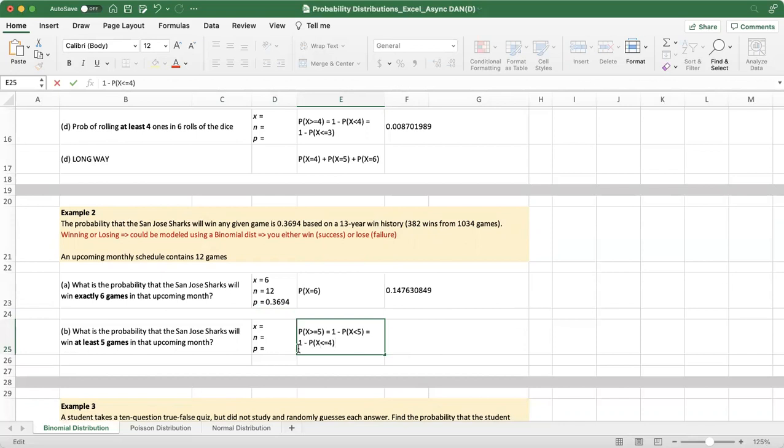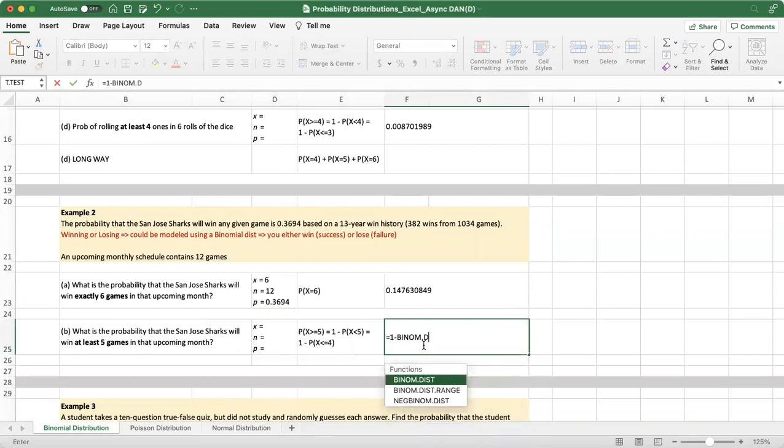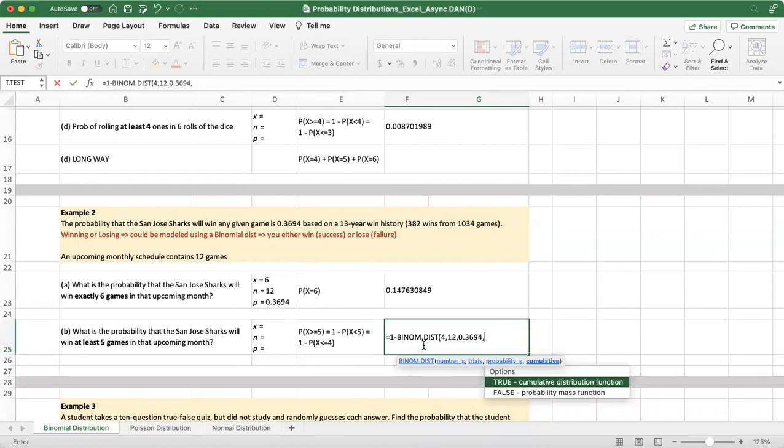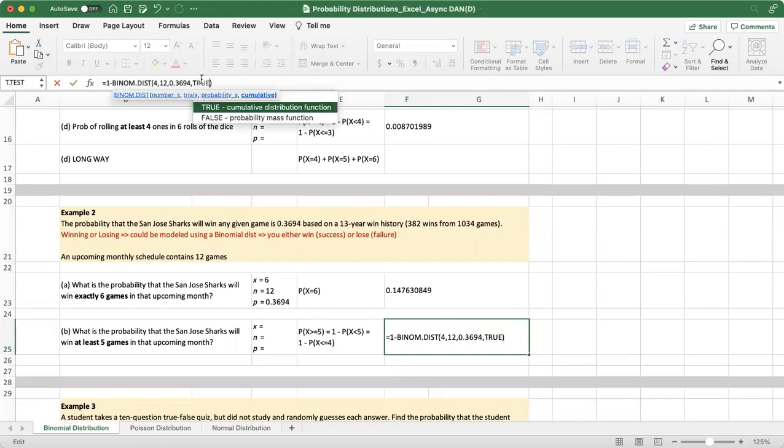This way, I'm subtracting all probabilities for values 4 and below, and therefore I'll be left with the probabilities of numbers 5 and above. Therefore, this is 1 minus binomial.dist 4, 12, 0.3694 and true. Sorry, this needs to be true, not false.